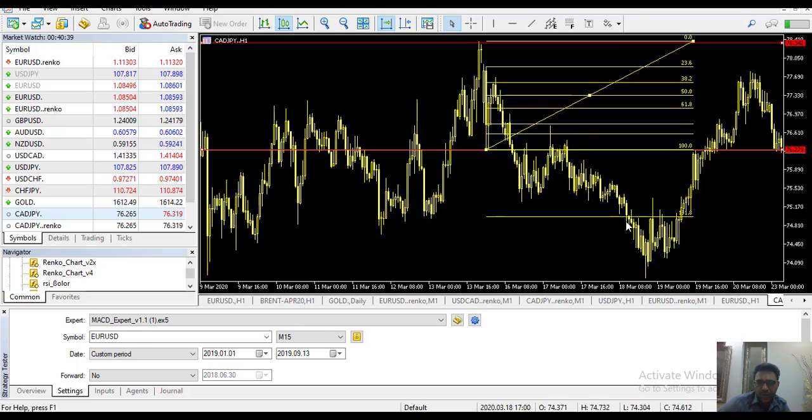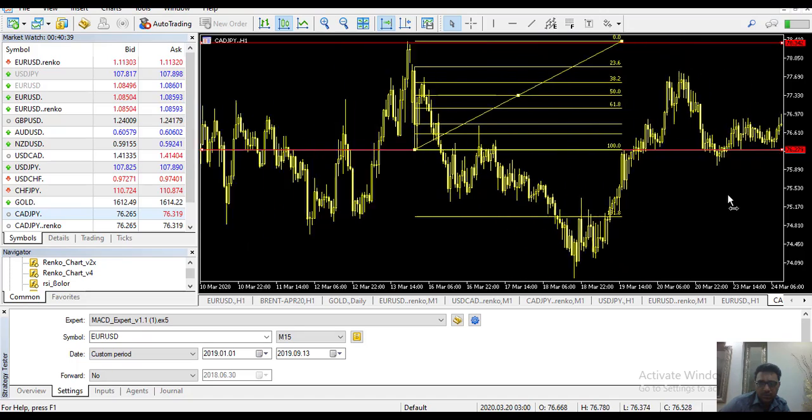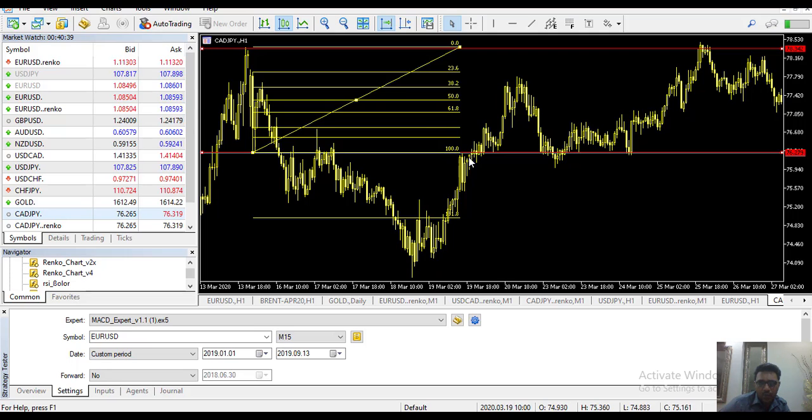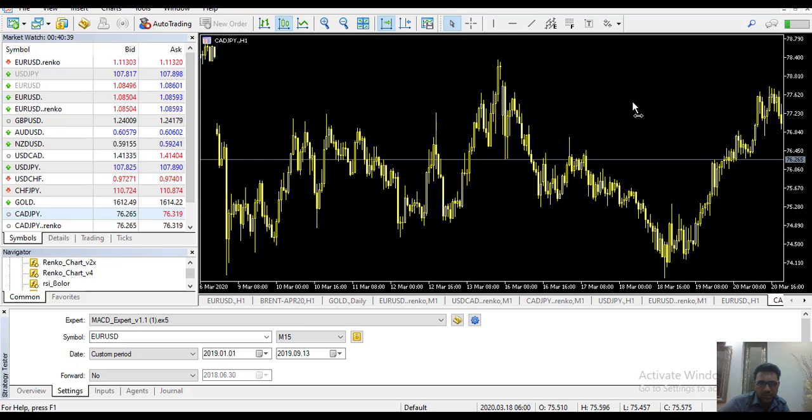So our TP would be hit at this point, but it would not come to the second TP. It can either go back to our break even or go back to our stop loss, right? So this is one criteria.